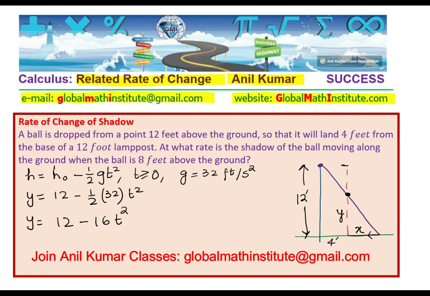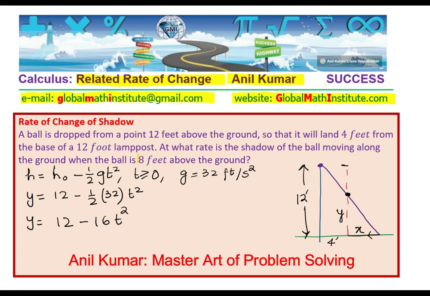Now, what we are given here is, at what rate is the shadow of the ball moving along the ground when the ball is 8 feet above the ground. So when the ball is, let us say, 8 feet above the ground, let's say this height is 8. So at this instance, we need to figure out the rate of change, right? Okay, so let's find the instance time, right?